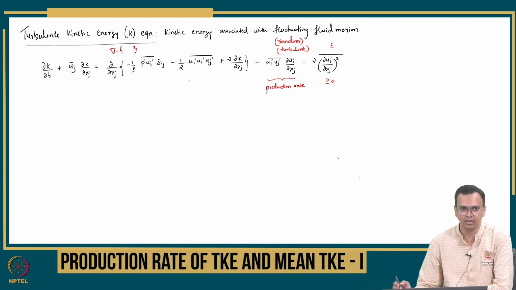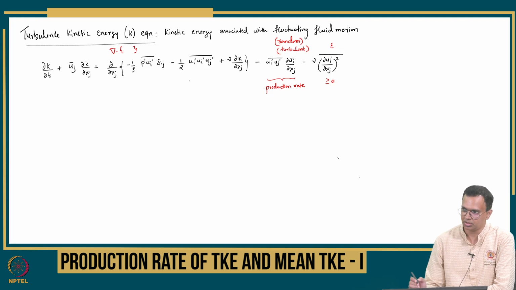So we already agree that turbulence is a random process, it dissipates energy, it transports energy or any scalar quantity that you have. It diffuses. So turbulence is diffusive, dissipative, random, and it redistributes also. Only the production we have to see. For that I need to derive one more transport equation.